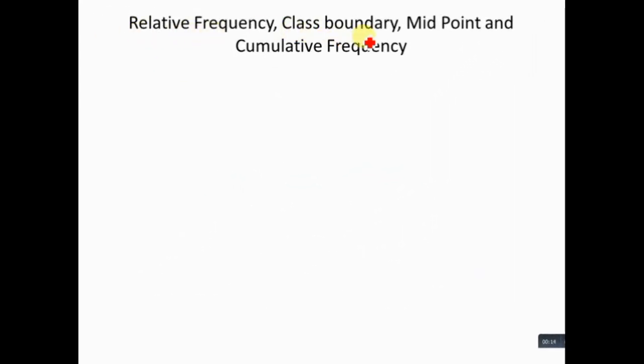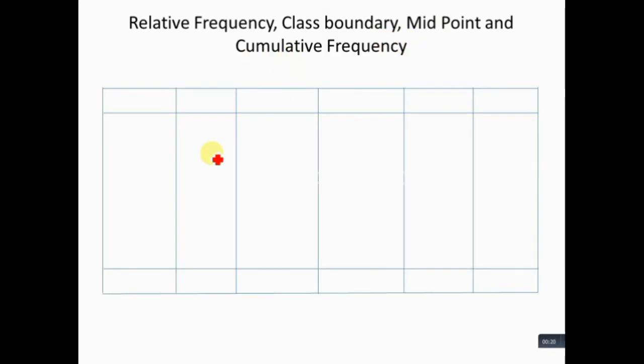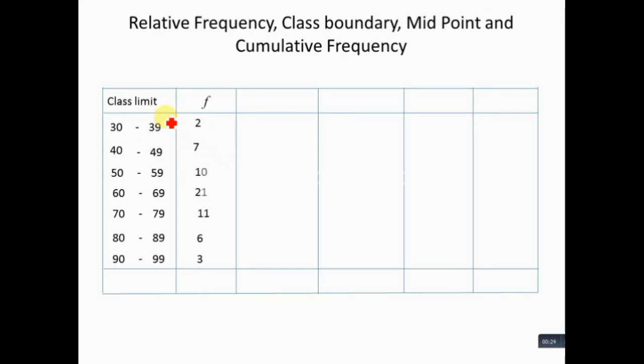In this table, we will learn how to find the relative frequency, class boundary, midpoint, and cumulative frequency of a given frequency distribution. So the frequency distribution is given in the first two columns of this table. In the third column, we will find the relative frequency. Relative frequency is the ratio between the class frequency and total frequency.